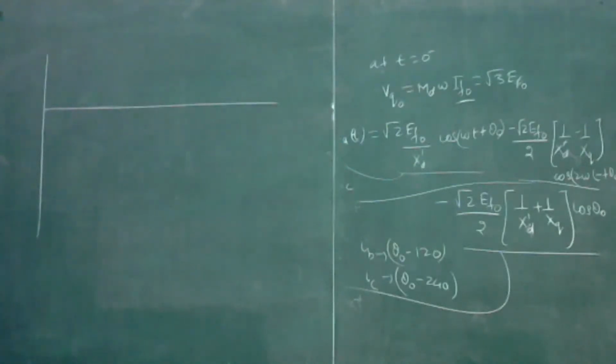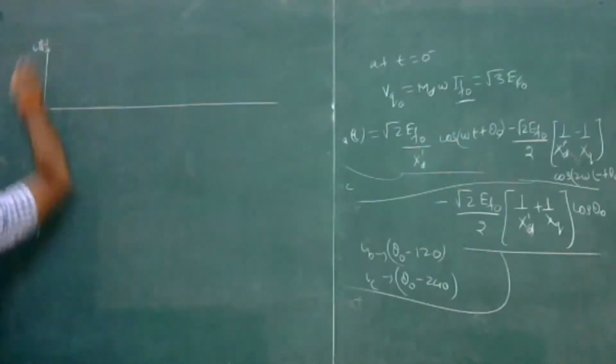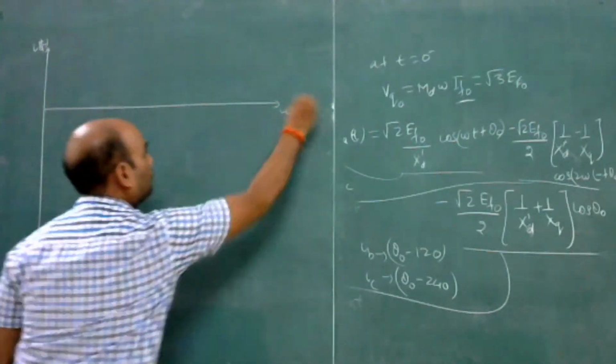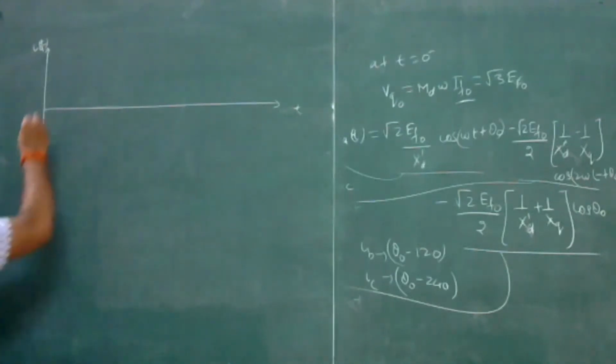So this is iA(t), this is with respect to omega t.